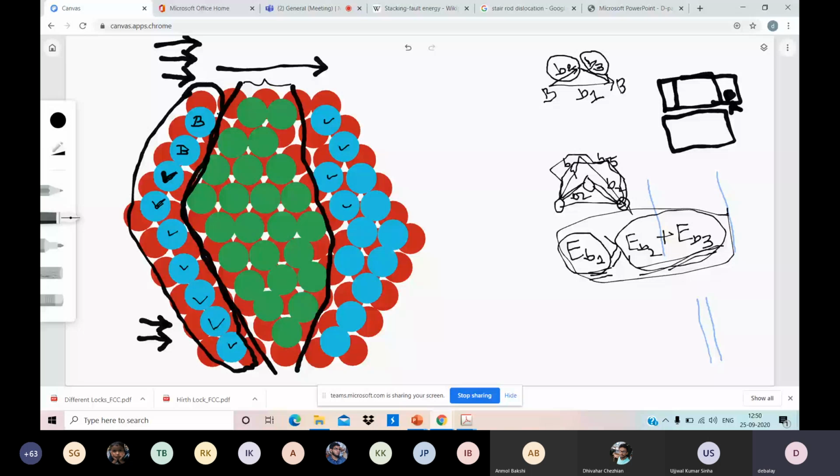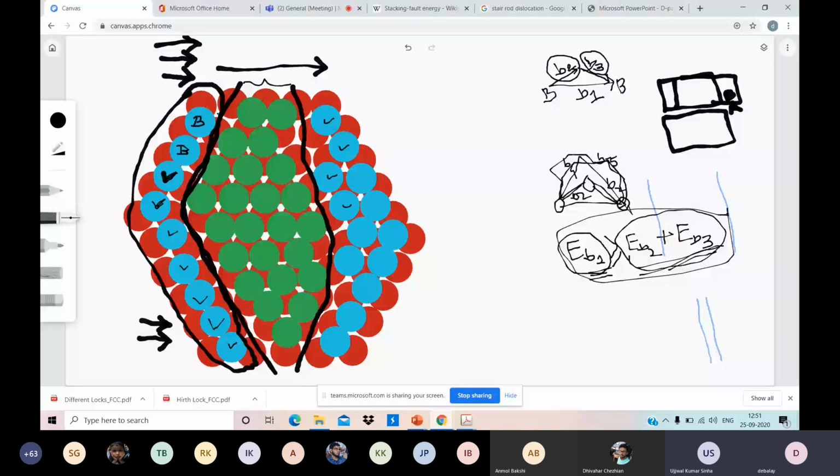If this condition is not met, then it will never happen. If thermodynamics is not met, nothing will happen. If thermodynamics is met, then it can happen. But can you say it will happen? This is my question to you. Not always, sir.